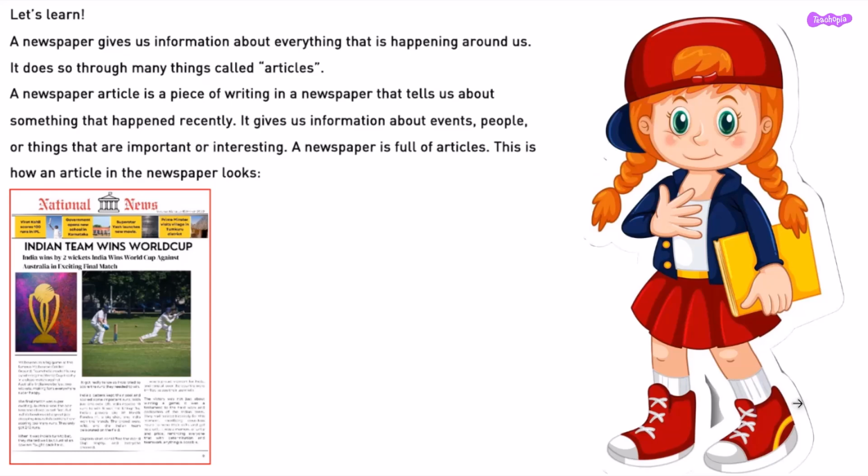A newspaper article is a piece of writing in a newspaper that tells us about something that happened recently. It gives us information about events, people, or things that are important or interesting. A newspaper is full of articles. This is how an article in the newspaper looks, and you can always get a sample of an actual newspaper and show it to the learners to give them clarity on how a newspaper article looks.